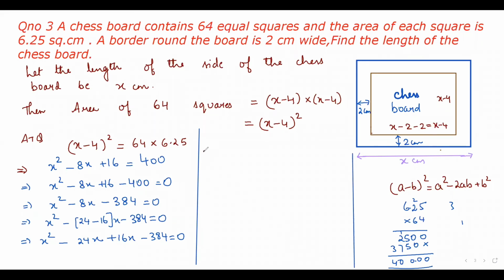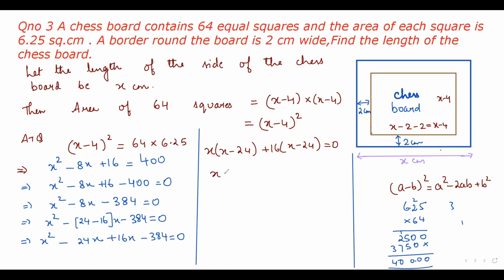Now you have opened the brackets, take out the common factors. It will be x into x minus 24 plus 16 into x minus 24 is equal to 0. As we know, 16 into 24 is 384.